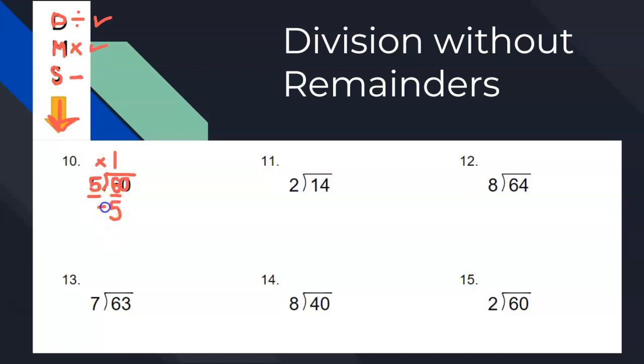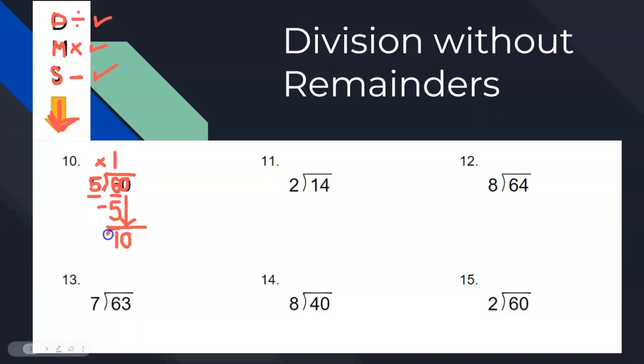So we have divided, we have multiplied. Next, we need to subtract. 6 minus 5 equals 1. Check. Bring down. That means I'm looking over here and bringing down any additional numbers and repeating those steps.